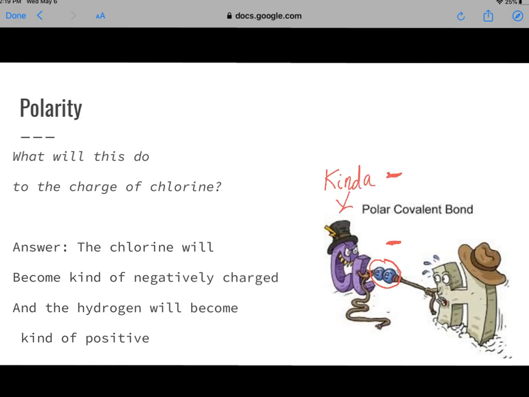And if hydrogen has the electrons less, hydrogen ends up becoming kind of positive. It's not a full negative or full positive charge like an ion with a -1 charge. It might be more like a -0.8 or something like that. We call that a partial negative charge. And so chlorine becomes partial negative and hydrogen becomes partial positive.